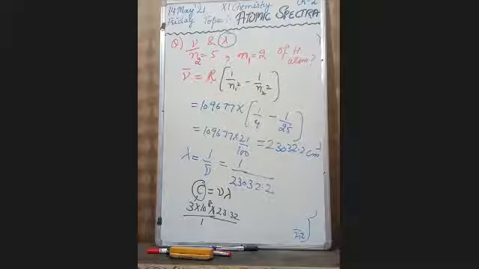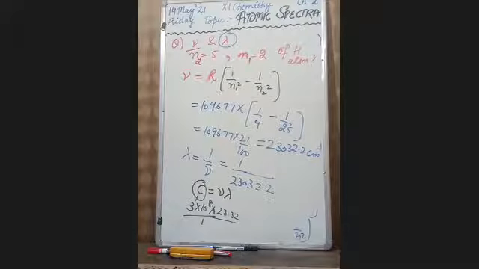Emission spectra is found for excited atoms. When the atoms are present in the excited state, and you know the atoms in the excited state are not stable, they return back to their normal state, ground state, by releasing energy. After releasing their energy, they emit some radiations and we obtain the graph for that radiations, which is your emission spectra.